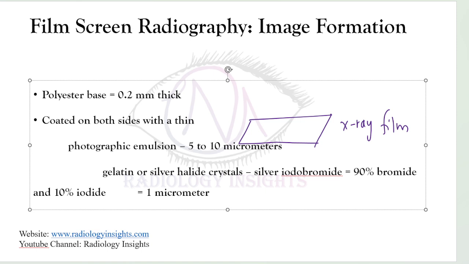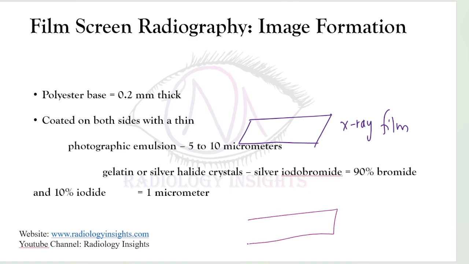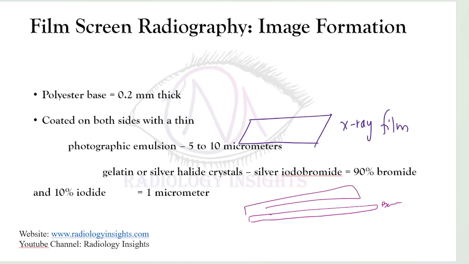Both films and screens have a very thin, transparent anti-static coat, a supercoat, to protect against abrasion. So there is a polyester base, and if I draw, this is the polyester base. On both sides of the polyester base there is an emulsion.